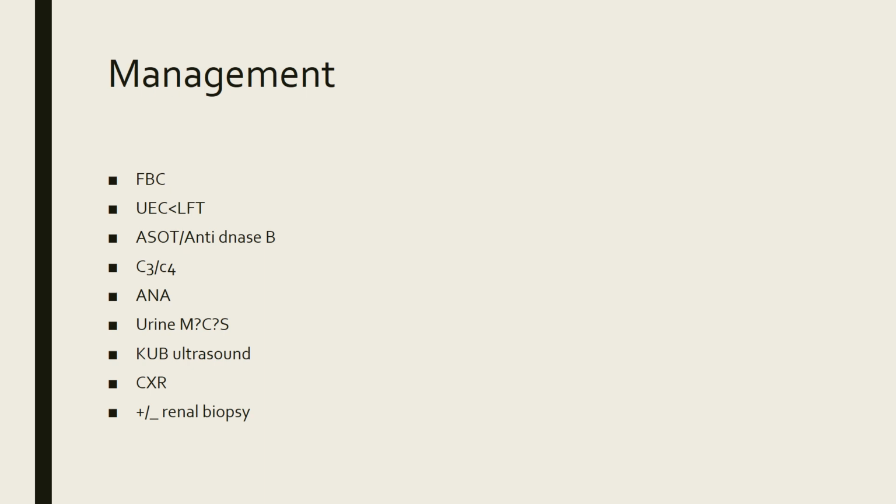Obviously, if it's post-strep, we expect C3 to be low, but C4 to be normal. Look up situations where you expect to find both C3 and C4 low. Situations such as, for example, lupus nephritis, shunt nephritis, or subacute bacterial endocarditis. Those two may be low.